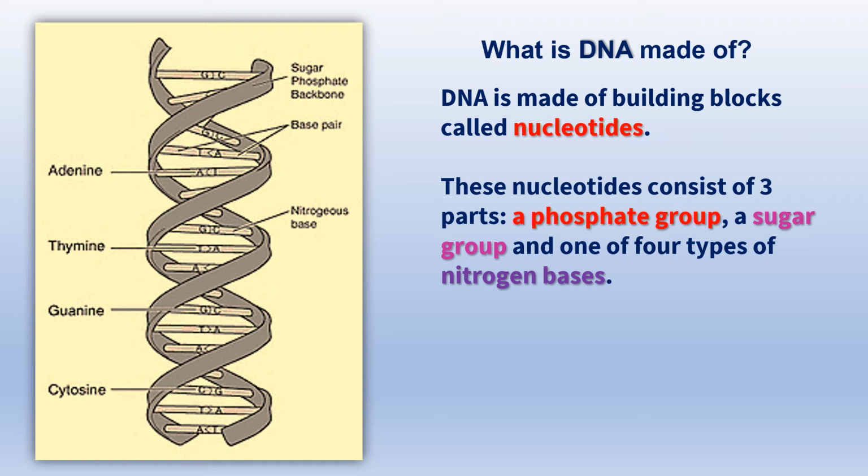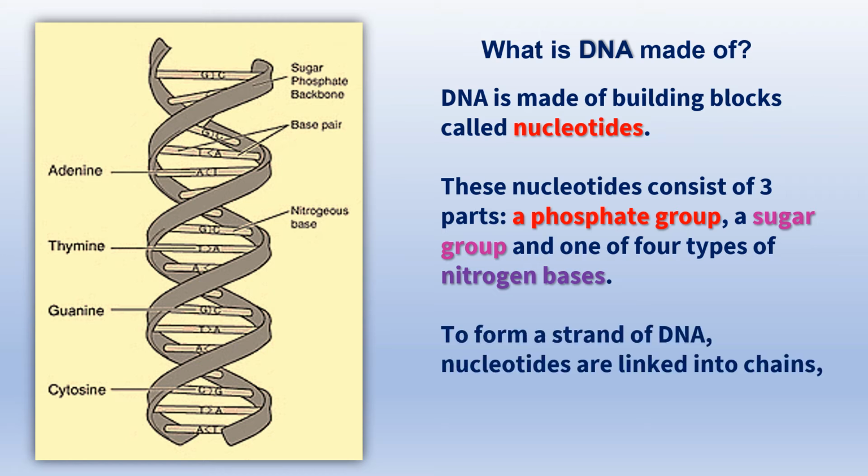Each nucleotide consists of three parts, that's a phosphate group, a sugar group, and nitrogen bases, which are of four types. Now, to form one strand of DNA, these nucleotides are linked into chains with the phosphate and the sugar group.